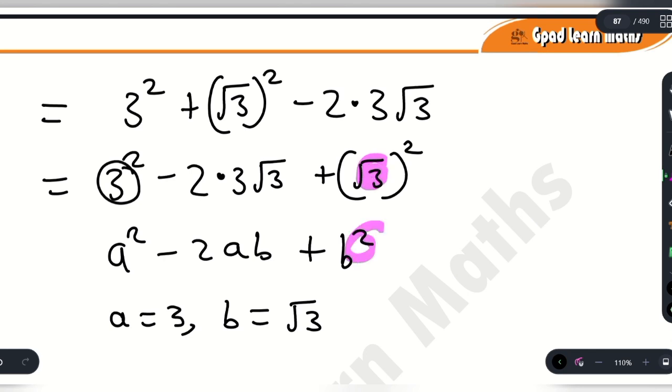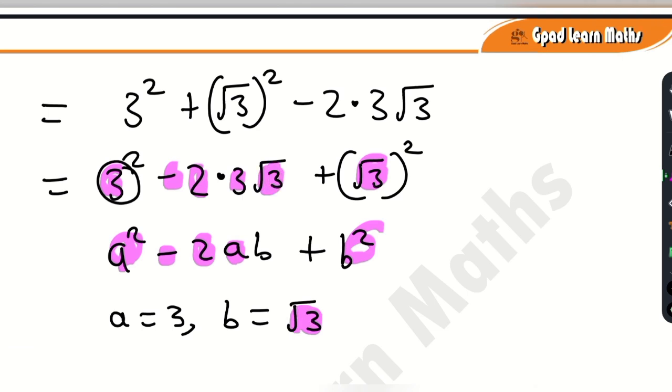So this and this, you see that? Then see 2 and 2, minus and minus. a is 3, so a here, 3 here. And what is b? b is root 3. And what is b here? Root 3.